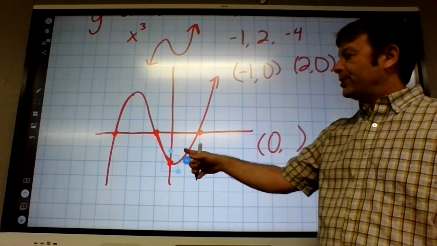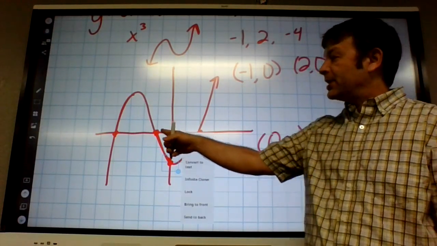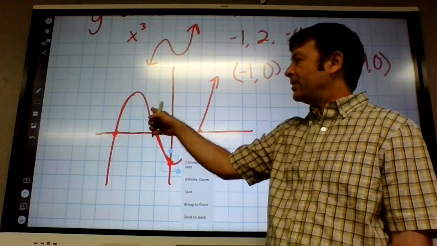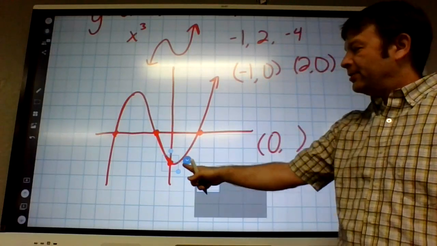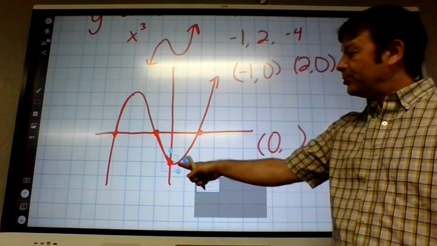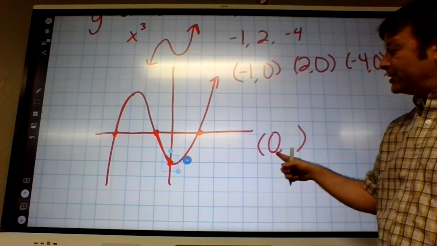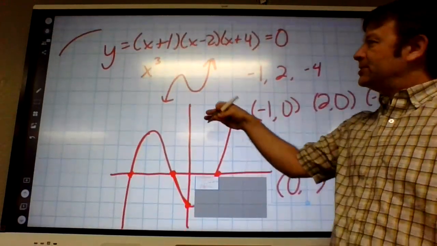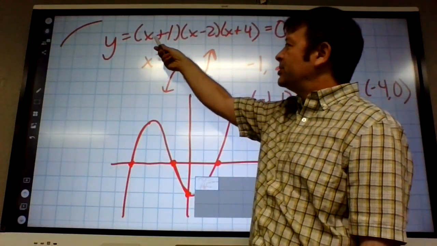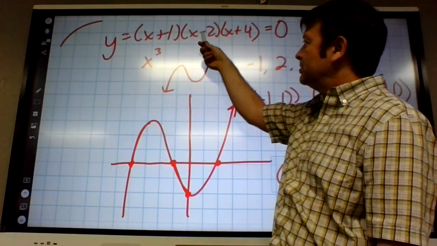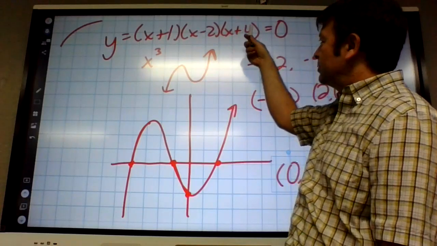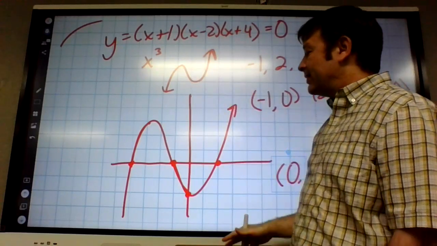Now you could do any point, like you could plug in x is 1, x is -2, -3, and find where these are. But the y-intercept is a common point to plug in. 0 is pretty easy to plug in. If you plug in 0, this would be 0 plus 1, 1, -2, 4. 4 times -2 times 1 is -8.